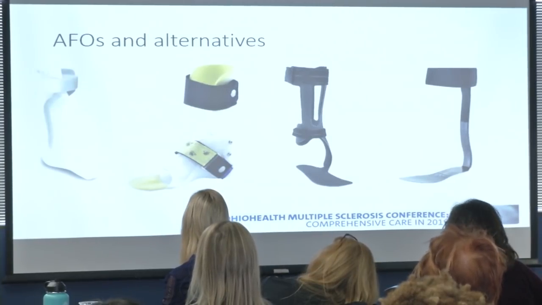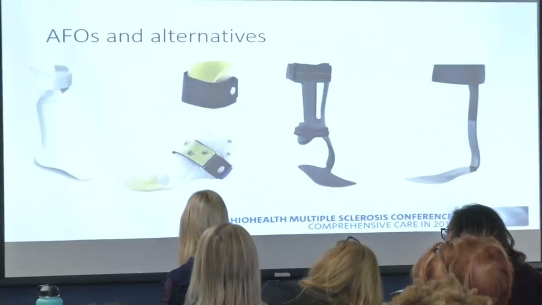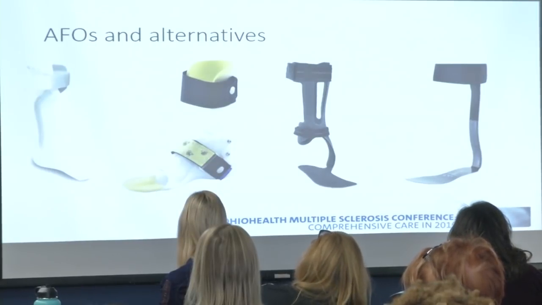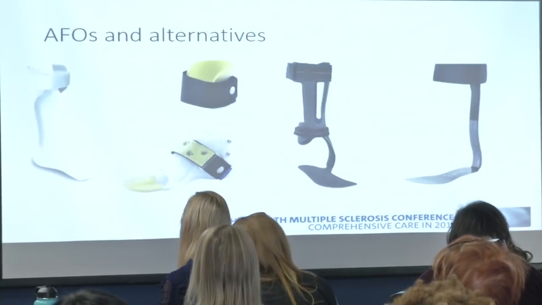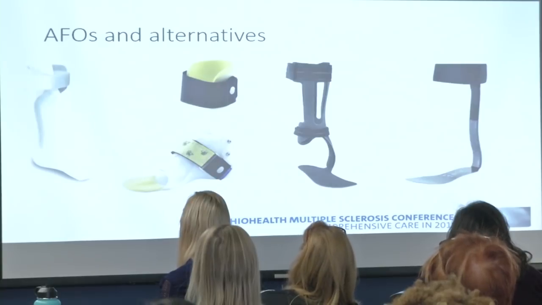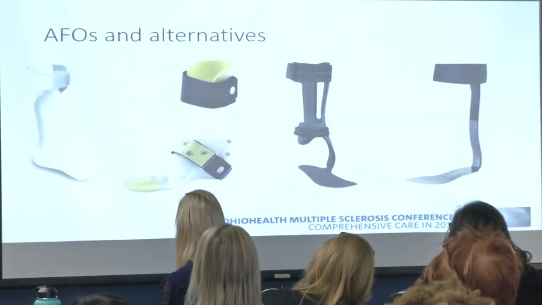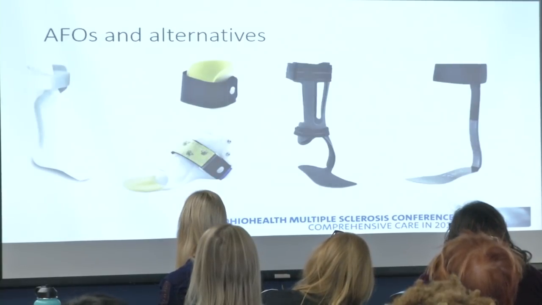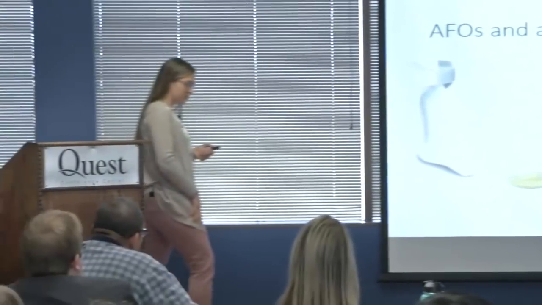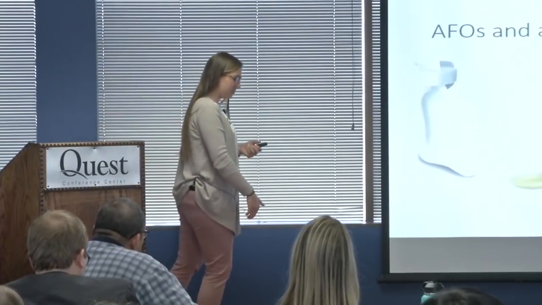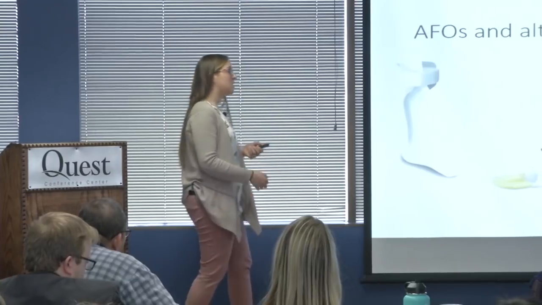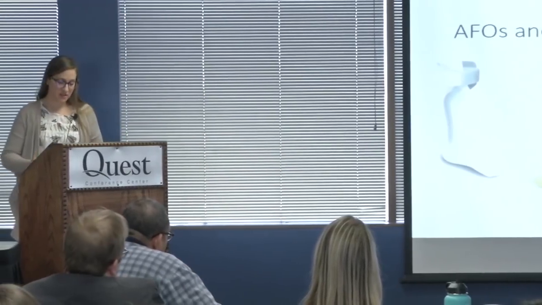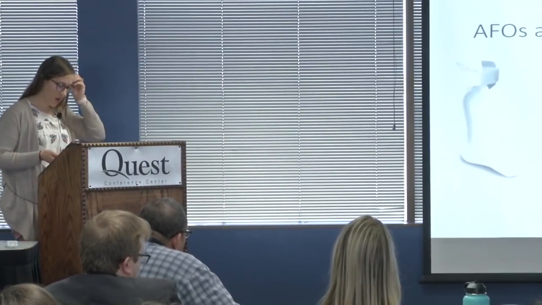for someone who has potentially motor fatigue. Now, if you look at the anterior shell carbon fiber brace, that's a great option for some of our clients who maybe have some stance phase weakness. So their knee is trying to flex when they're trying to do weight acceptance. It provides a little bit of support for them to move forward over that brace with a little energy return from the carbon fiber.